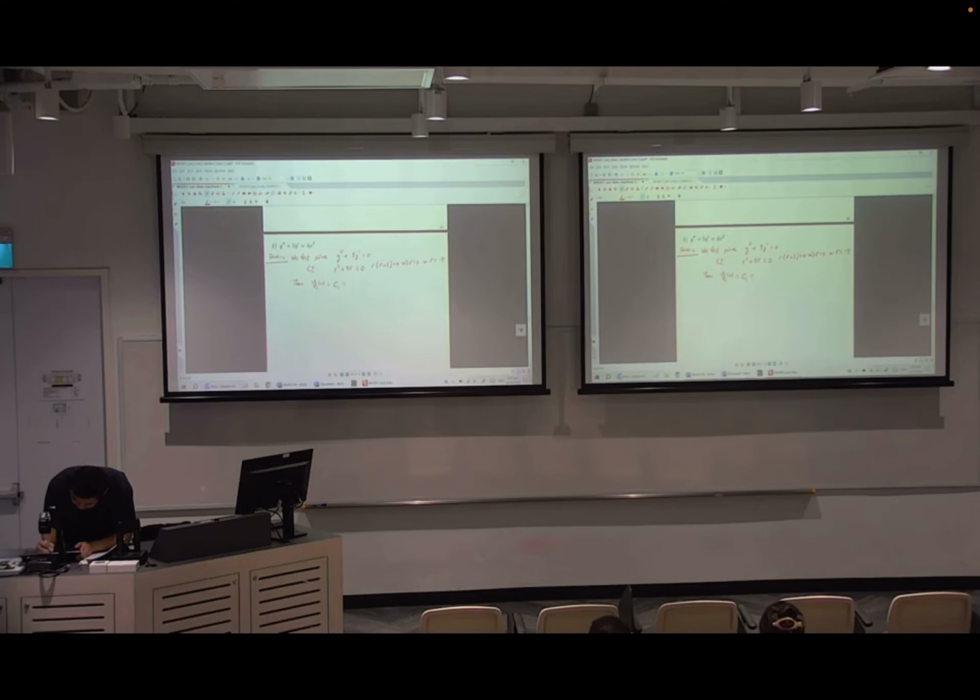So straight away, your complementary function solution is C1 e^(0x) plus C2 e^(-5x).